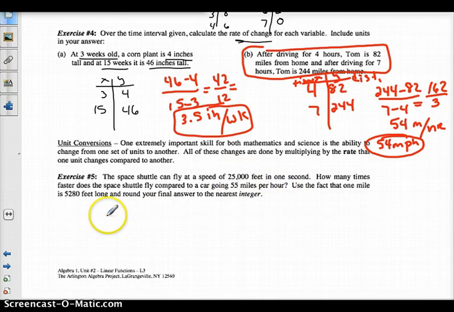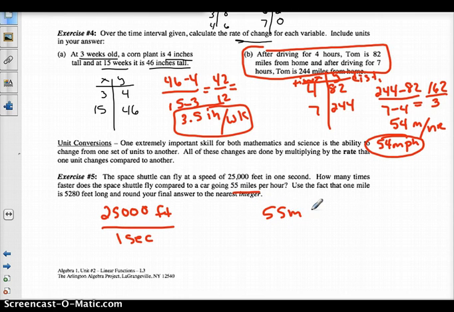All right, so we have here 25,000 feet is to 1 second. And then they talk about 55 miles is to 1 hour. Use that fact that 1 mile is 5280. I think I'm going to leave this for us to do tomorrow. Yeah, we'll do that tomorrow.